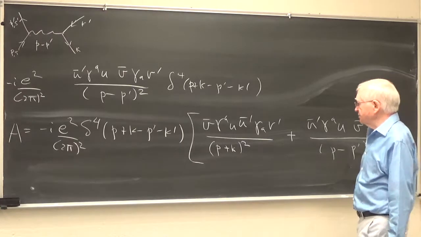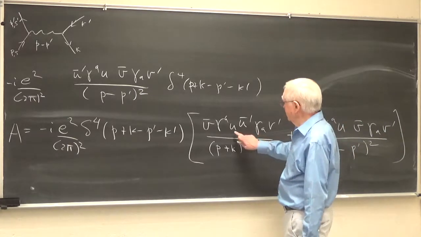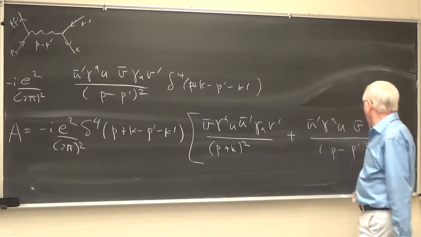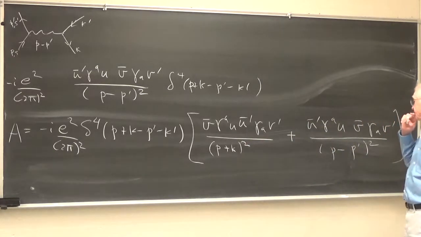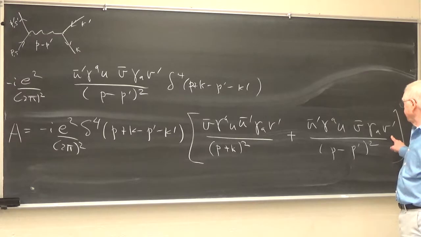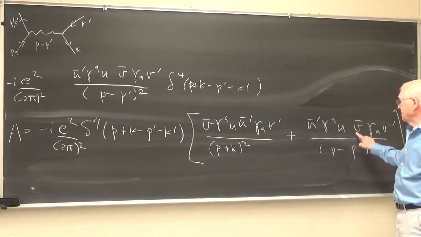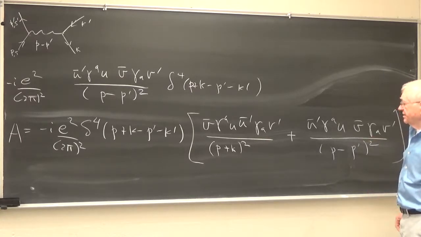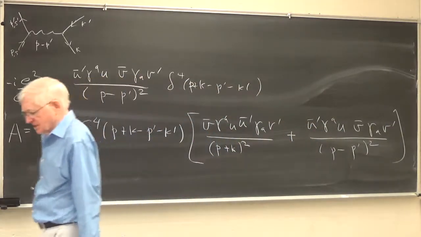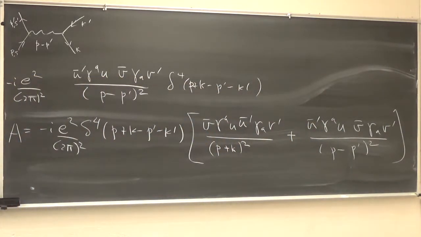Then when you sum over spins, you've got things like U bar summed over spins. It looks a little more awkward here because I don't see a U U bar playing a role. Anyway, you have to use the spin sums that we talked about a few weeks ago.